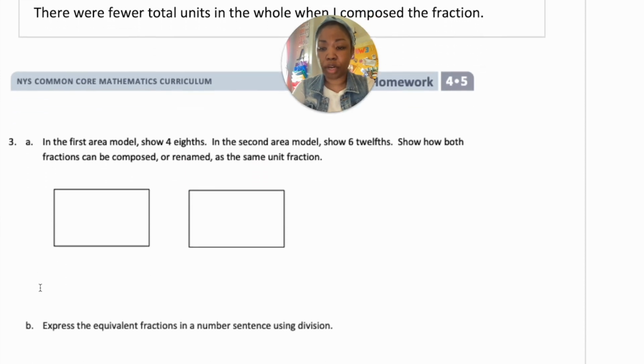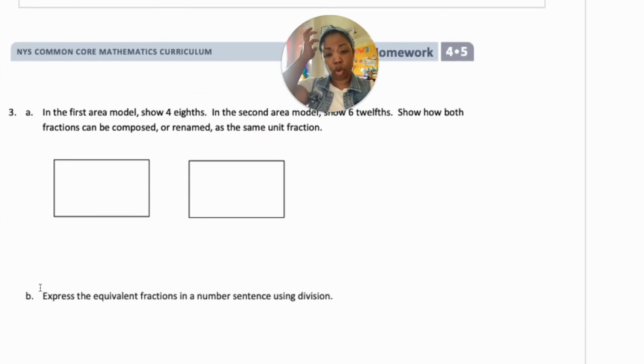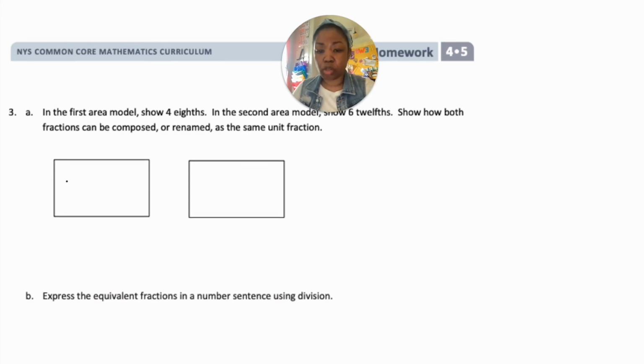All right, for number 3, they want us to show 4/8 for the first one and 6/12 for the second one. They want us to compose, rename, and write the equivalent fraction. So let's do 4/8. I'm going to do 4 rows.